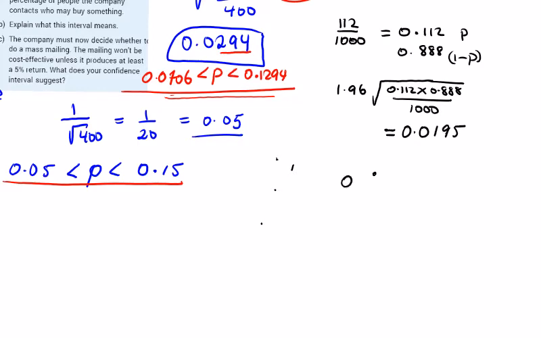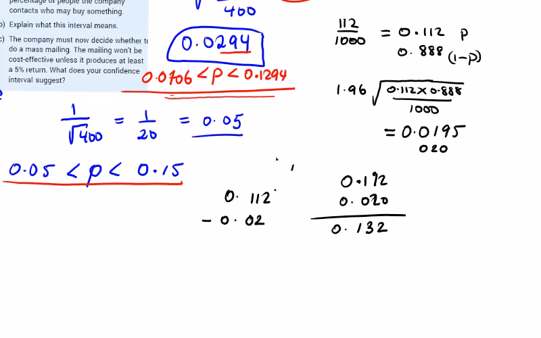0.0195. So 0.112 plus 0.02, we'll call it, is going to get me to 0.132, and 0.112 minus 0.02 is going to give me 0.092.